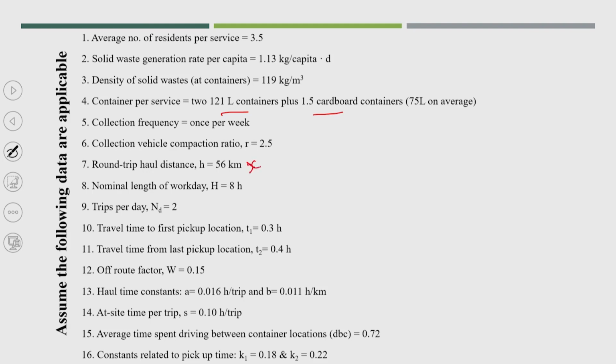The nominal length of work day H is 8 hour, trips per day ND is fixed at 2, T1 value is given as 0.3 hour, T2 is 0.4 hour, the off route factor is 0.15, haul time constants are given, the at site time is given, and the DBC value is given as 0.72 hour per trip. The constants related to pickup, K1 and K2, are also given.